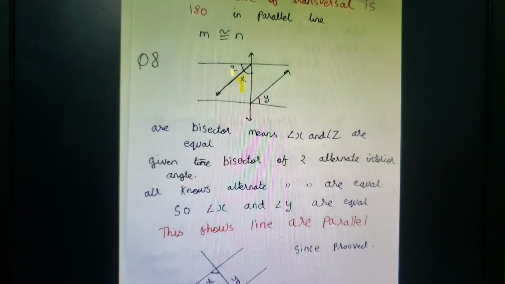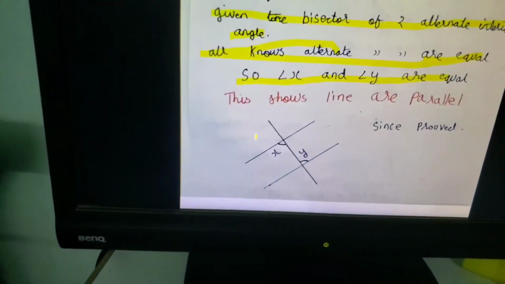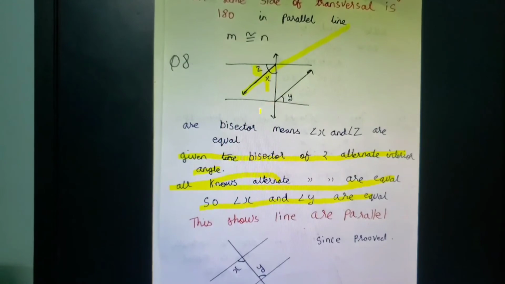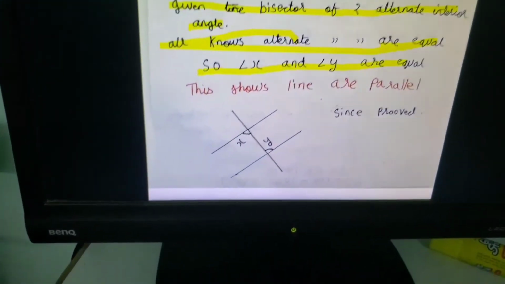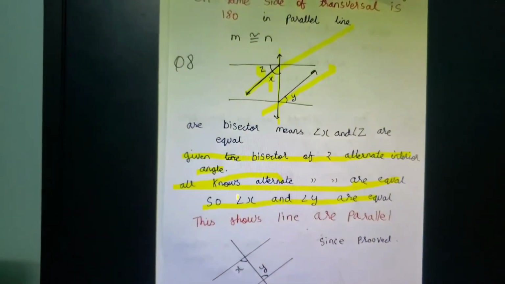Given bisectors of two alternate interior angles, alternate interior angles are equal, so X and Y are equal. This is the figure. Now we can extend this line as this and this line as this, and this is the transversal. I have just drawn this, you can see, since these are parallel lines.